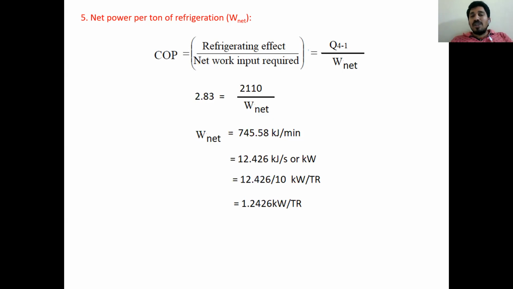So finally 1.2426 is the total amount of power per TR, which is nothing but for 1 TR, 1.2426 kilowatts of power is required to drive the system. That is for removing 1 TR of heat from the cooled or refrigerating space. So like this we solve a problem on the reversible Brayton cycle.